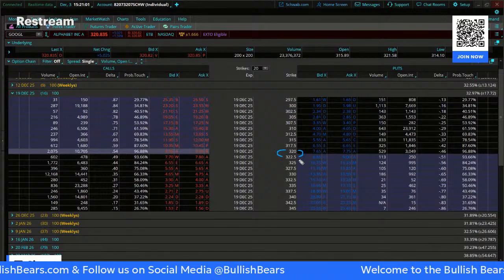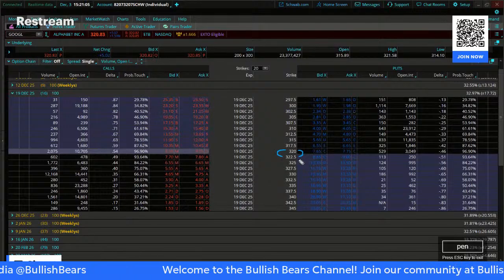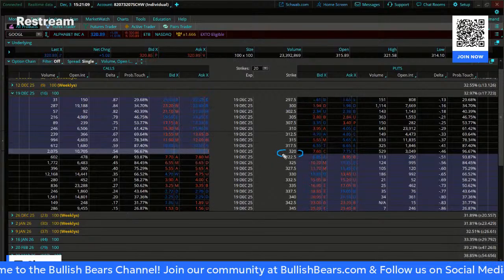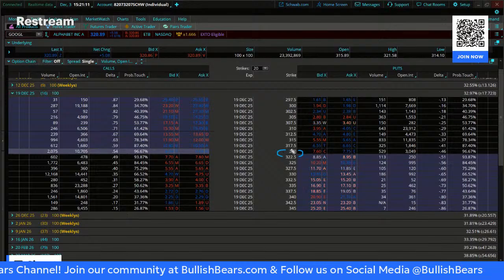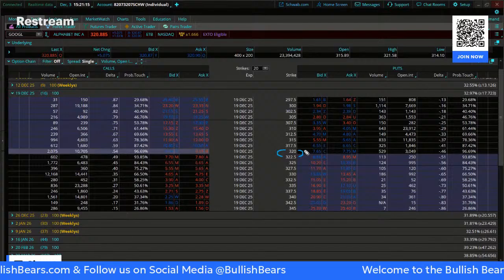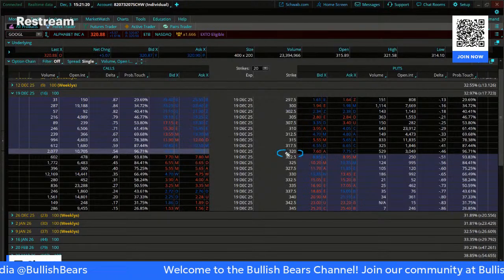So $2.50, it's not perfect, but it's not too bad. If they were $1 wide, that would be awesome. 50 cents wide would be even better. The narrower the width implies more liquidity, right?